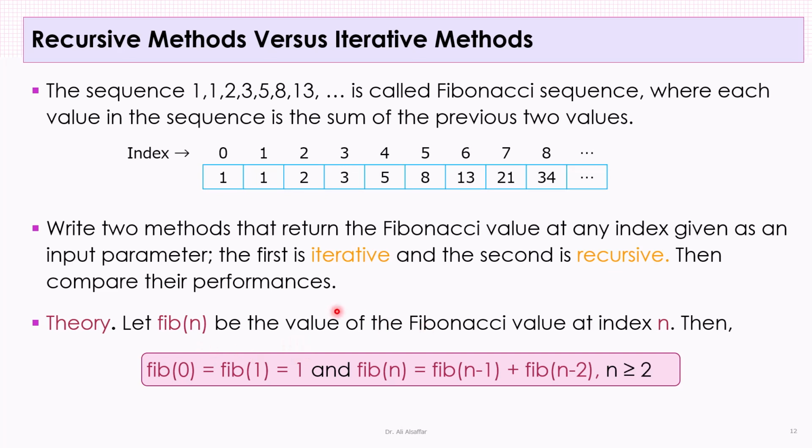Otherwise, the method is going to call itself recursively by returning Fibonacci n minus 1 plus Fibonacci n minus 2. As you see, the natural approach to finding the Fibonacci number is best expressed recursively. However, as you will see later, the implementation of this approach is not so efficient, and the performance becomes very slow for large values of n.